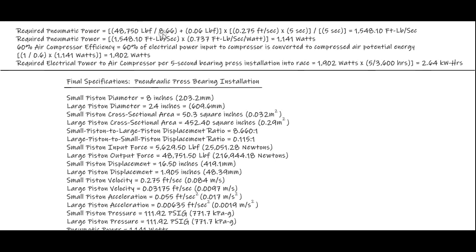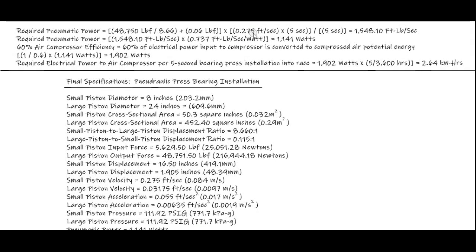We have the force output divided by the displacement ratio at the small piston, plus the minuscule force to overcome the Newtonian force component, times the speed of the small piston during the cycle times the 5 seconds. So we have the work, the force times distance, thus quantified.